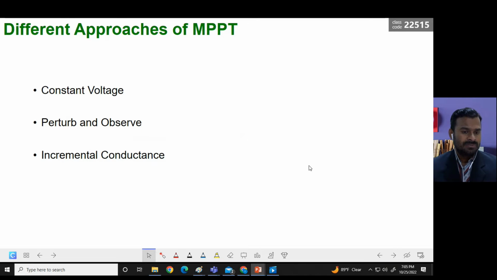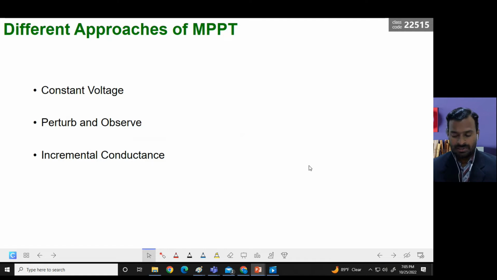But perturb and observe is the most successful one, which balances the cost as well as the complexity. The incremental conductance is very highly efficient, but the problem is it requires very high hardware conditions and it is a bit costly as well.